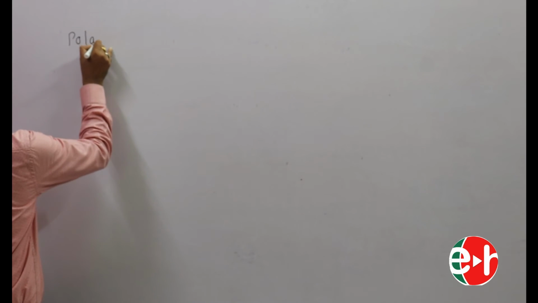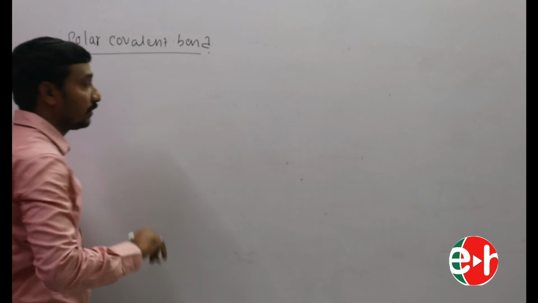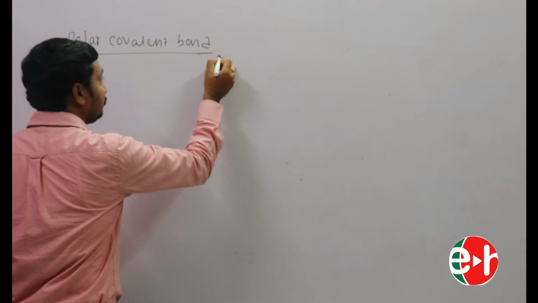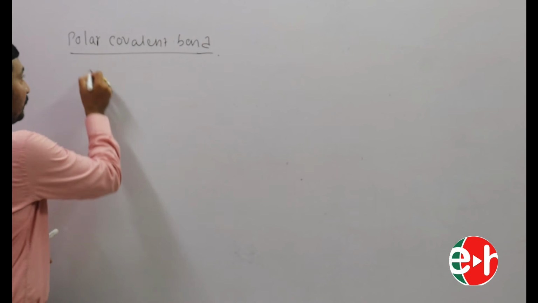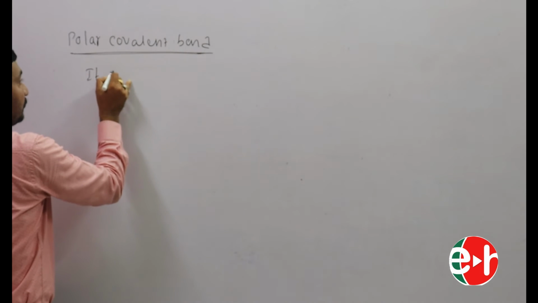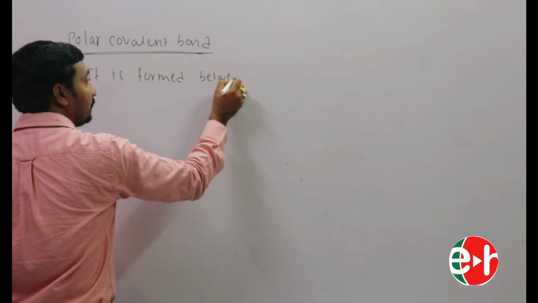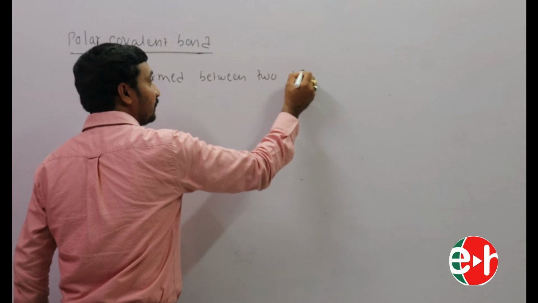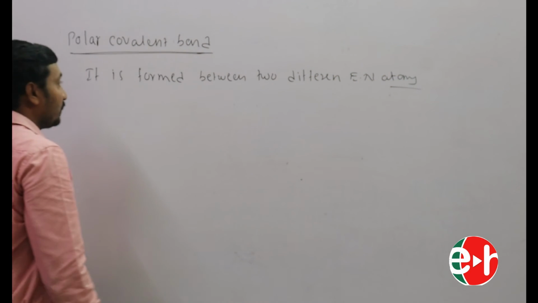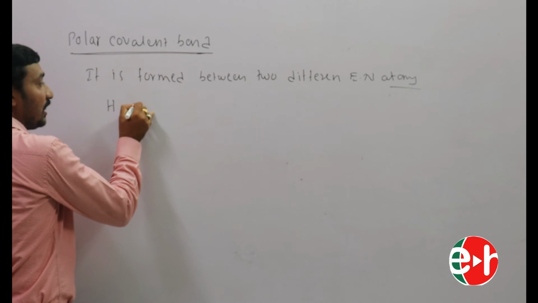A polar covalent bond is formed between two different electronegative atoms. For example, HF.